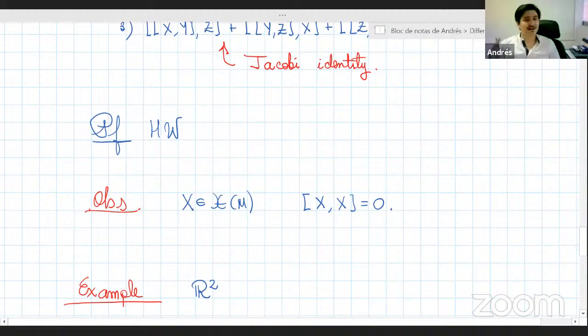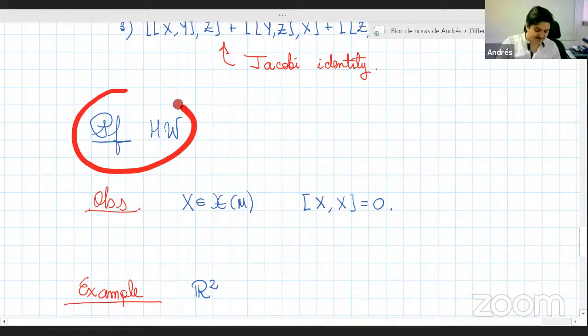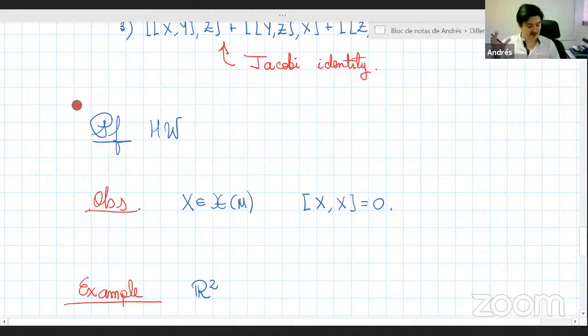Now, the reason that I skipped this is I prefer to do examples, so that you will know actually how to operate the Lie bracket. Because that's the goal of this example, I decided to go with something very easy, just R2. Our manifold is R2. We have coordinates x and y.